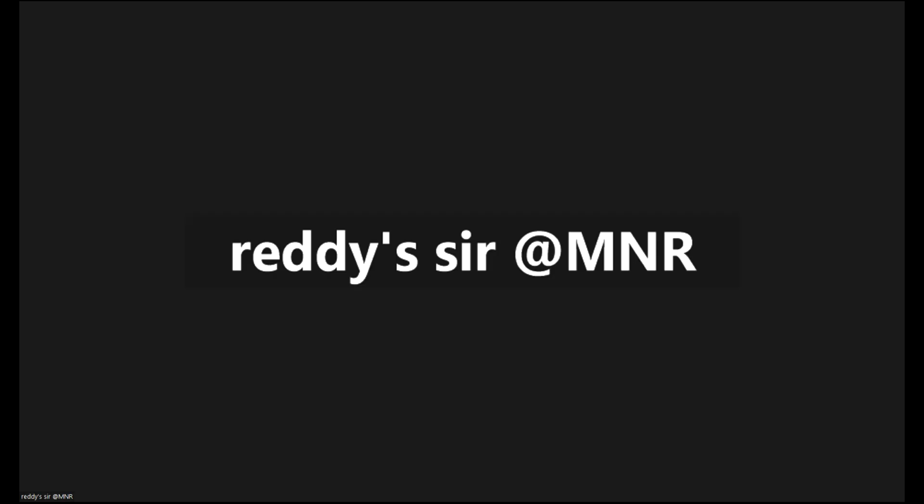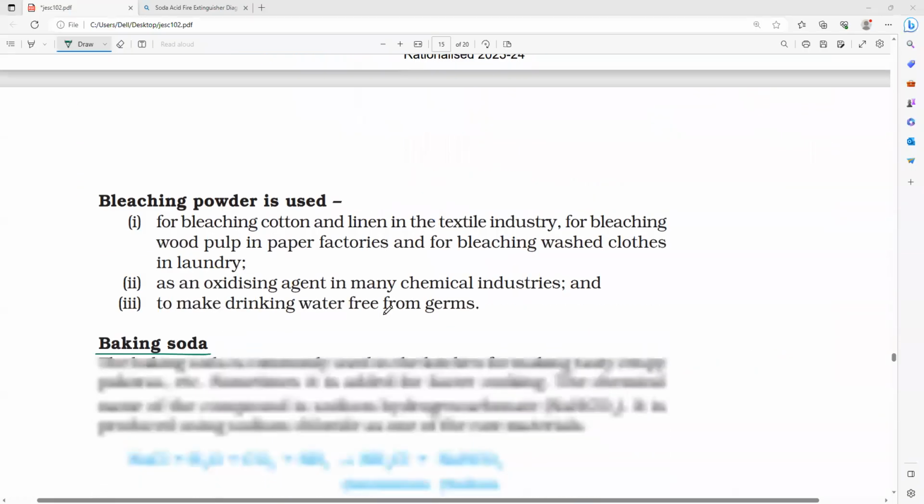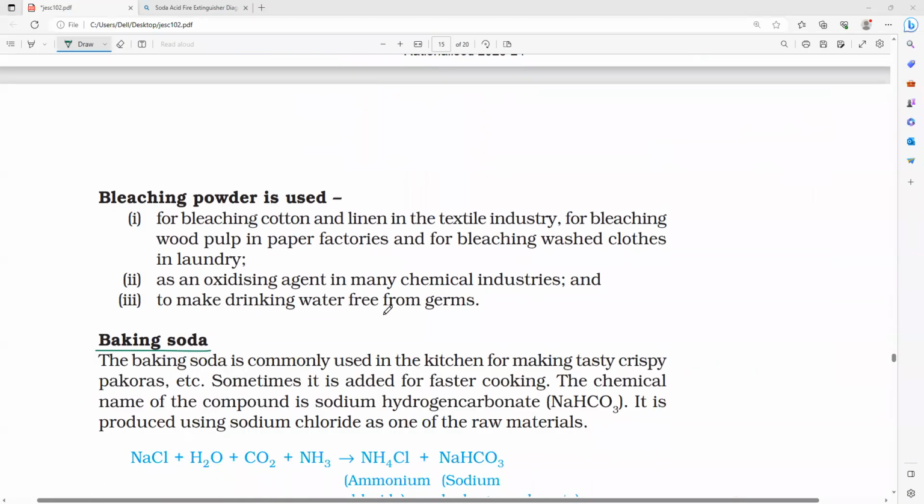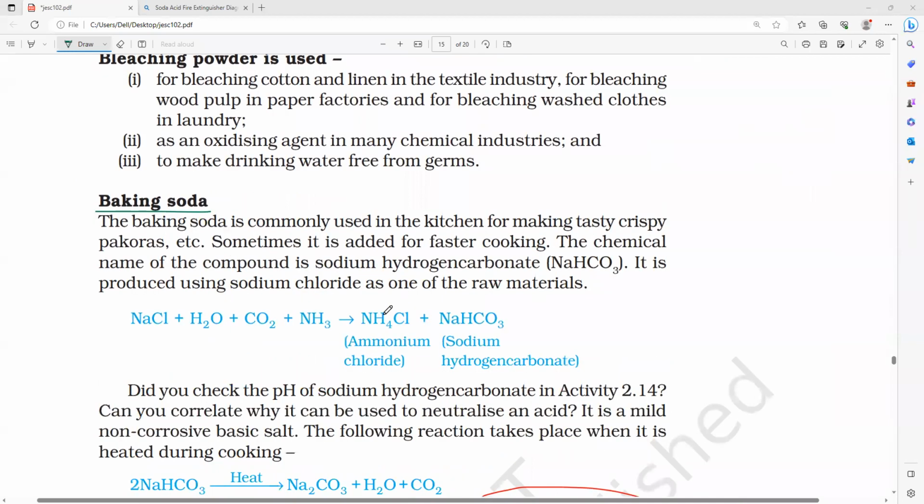For today's class, go back to the textbook. Now you can see here, one of the components I think I have taught you that we use in the formation of chloroform. What is that? Anybody tell me.